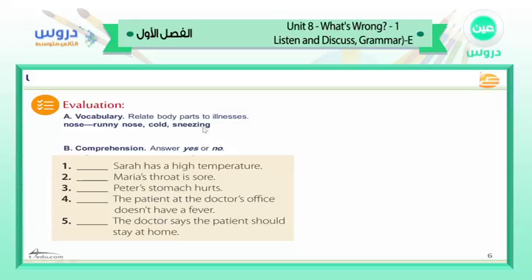So let's give more. Give me an example. What do you think? Give me a part of the body and the illness that relates to this part. For example, the headache relates to the head. So head is the part and headache is the illness. Okay, what else?